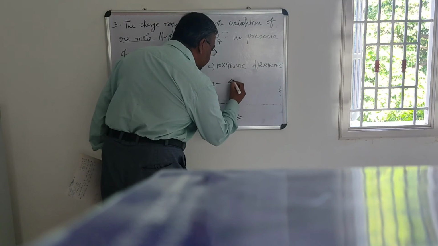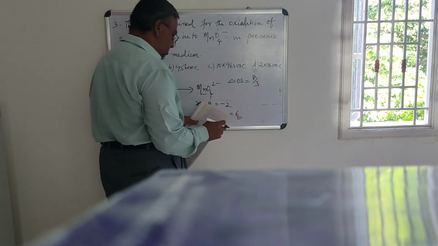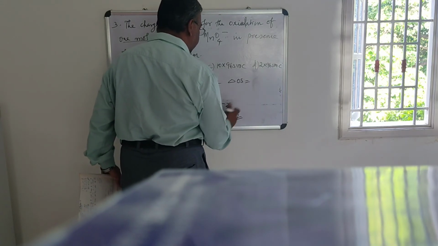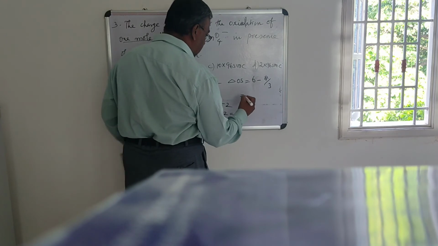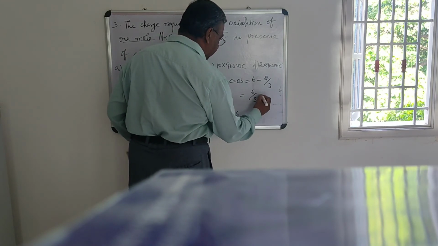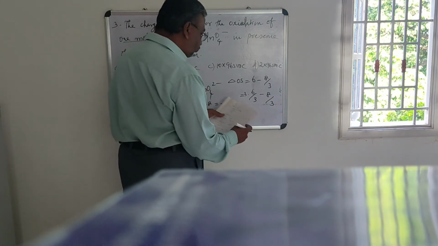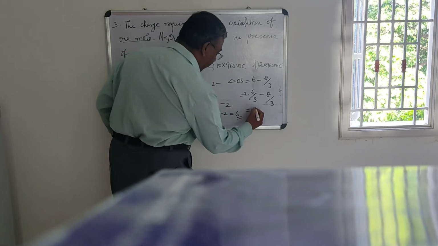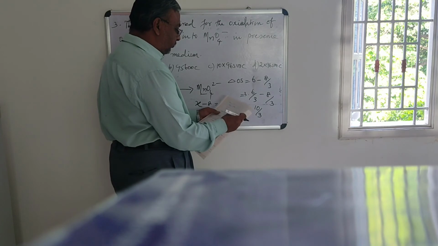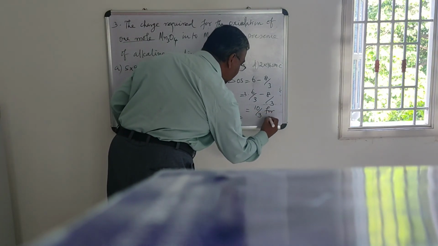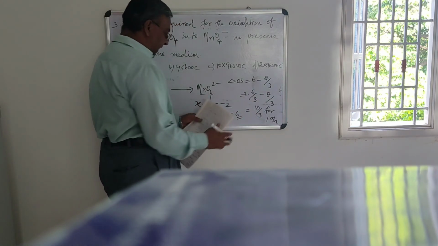The change in oxidation state is 6 minus 8 by 3, that is 18 by 3 minus 8 by 3, which is 10 by 3 for 1 manganese atom.